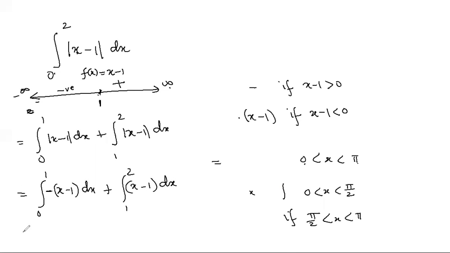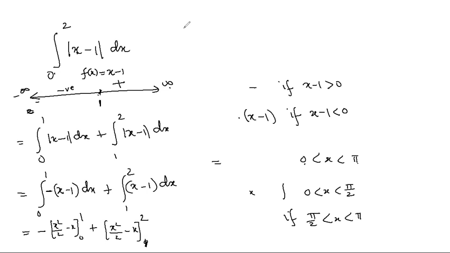Now I can integrate this. I took the minus outside. It can be integrated as x square by 2 minus x from 0 to 1, and similarly x square by 2 minus x from 1 to 2.